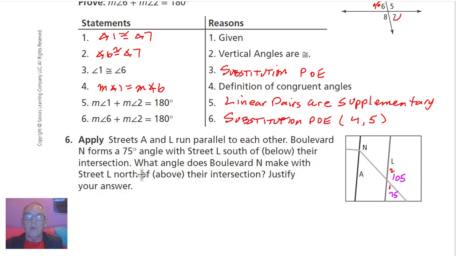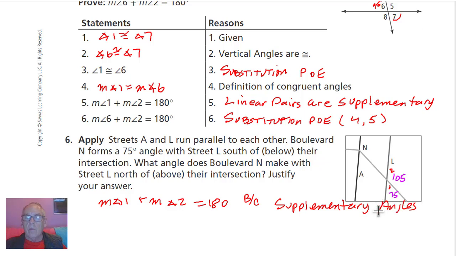So we could say that the measure of angle 1 plus the measure of angle 2 equals 180 because they're supplementary angles.